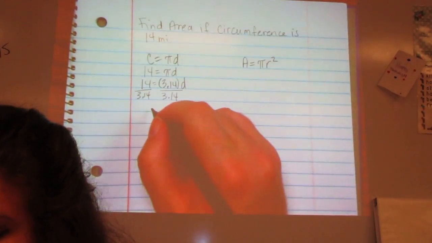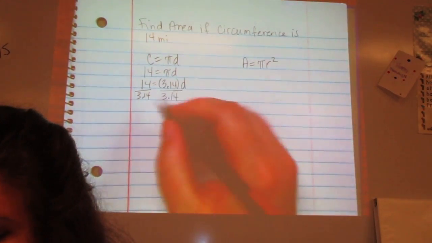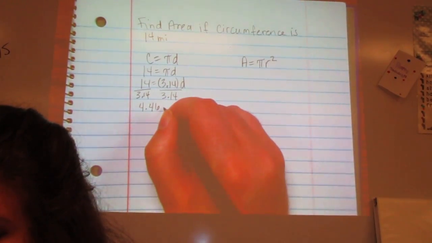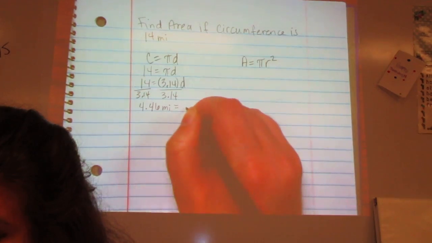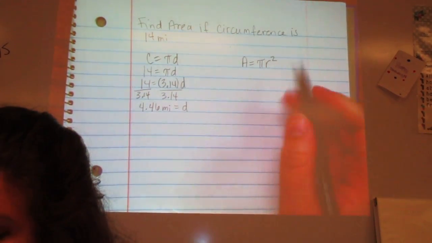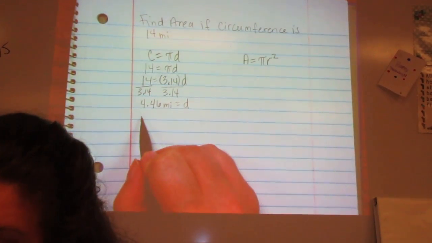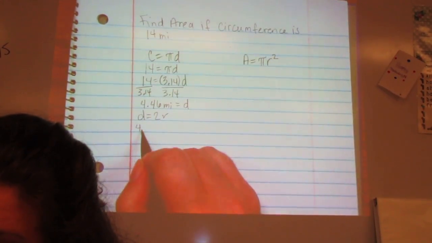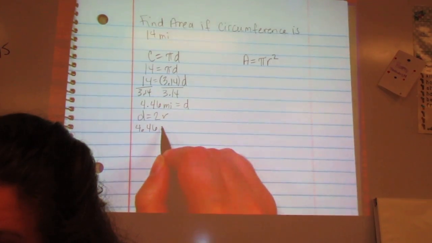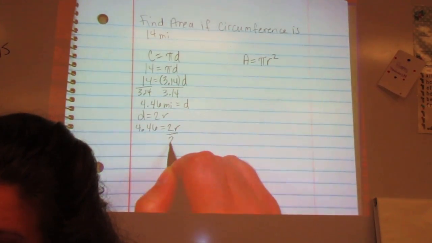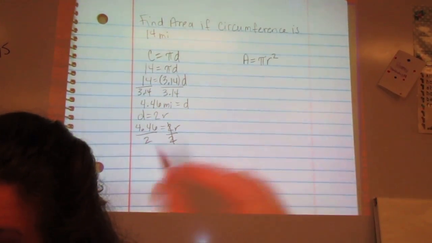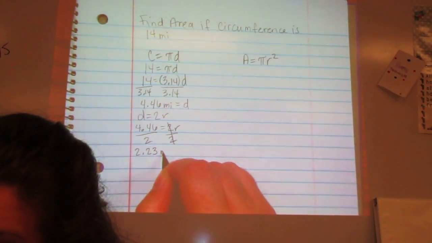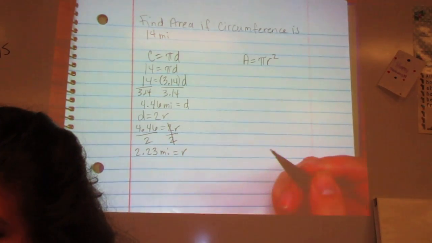And I'm going to round to the nearest hundredth and get 4.46 miles is my diameter. And I need my radius, so I know that my diameter is 2 times my radius, and my diameter is 4.46. So I'm going to do my inverse operation here and get 2.23 miles for my radius.